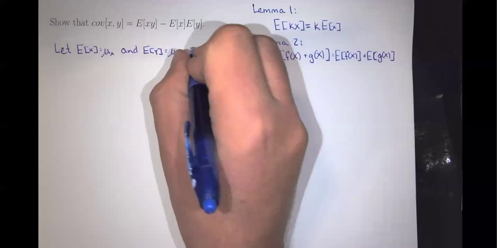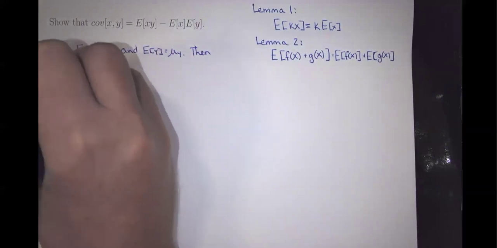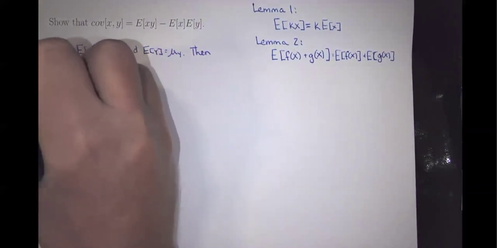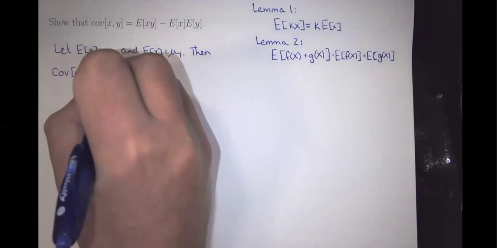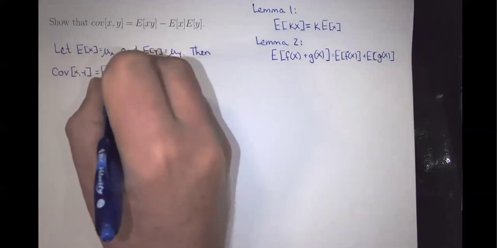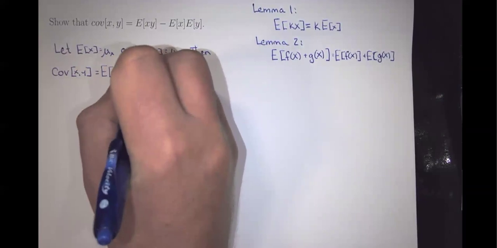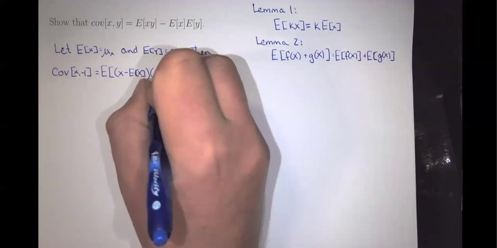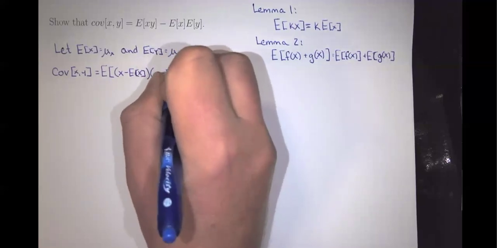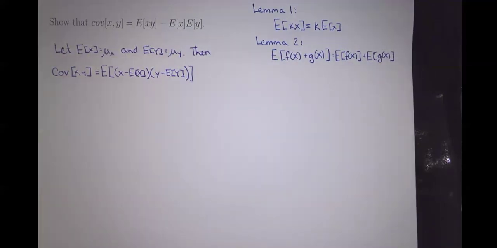Then the covariance of x and y by definition is equal to the expected value of x minus the expected value of x, times y minus the expected value for y. So that's just the definition of covariance.